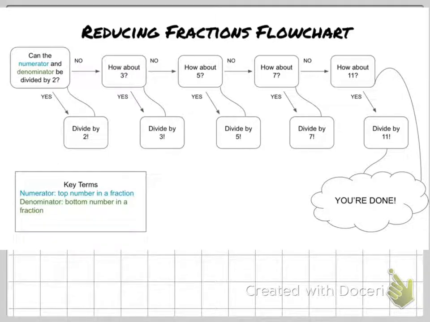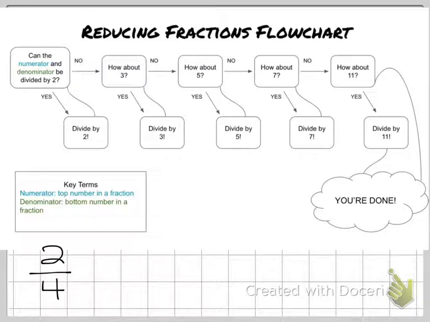And the first one that we're going to reduce is going to be a fairly simple one. So let's first start with a fraction that looks like 2 over 4.